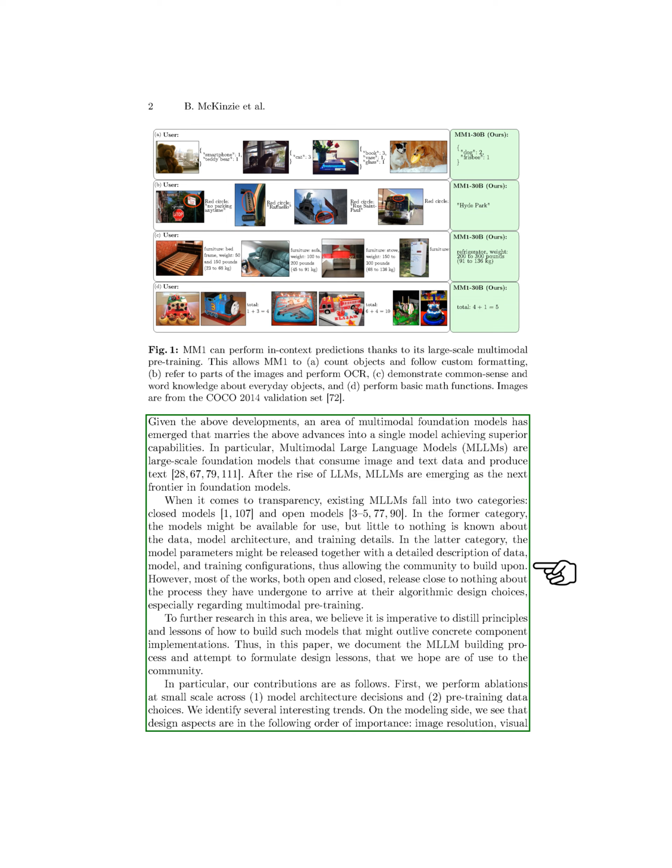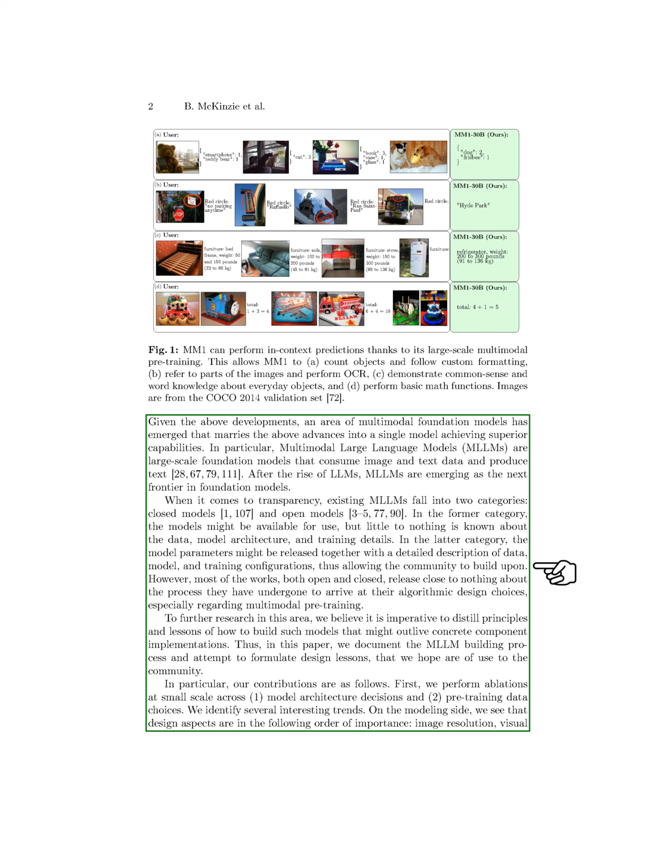Section Summary. In this section, we delve into the realm of multimodal large language models, MLLMs, that combine image and text data to produce text, following the success of large language models, LLMs, and vision foundation models.